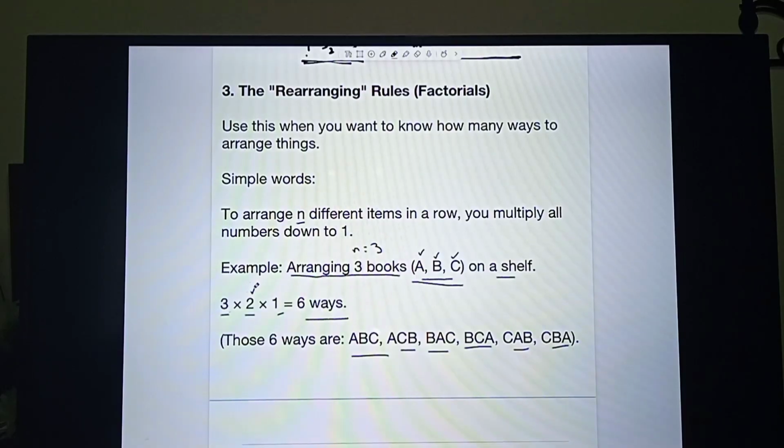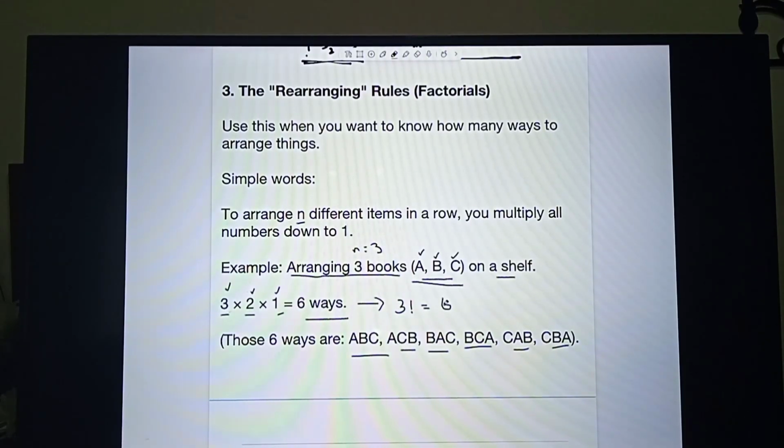And in the third position, 1 choice left only. So first position, then second position, and the third position. And these all will give us 6, or 3 factorial is equal to 6.